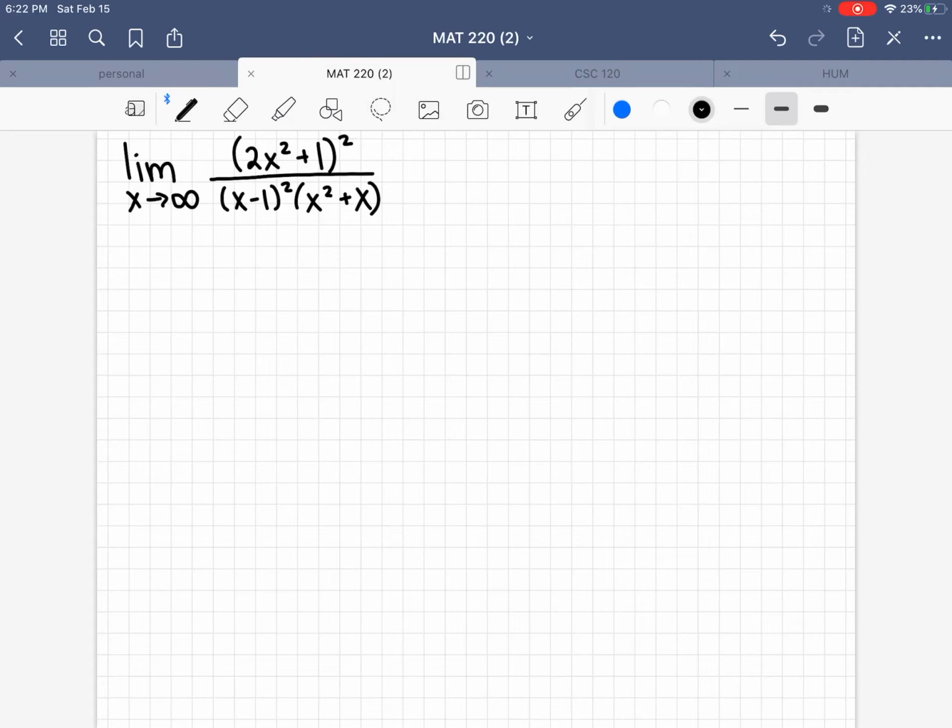So I think the first thing to do here is to go ahead and rewrite the equation, factor everything out together so that way it's a little bit easier to see what's going on here.